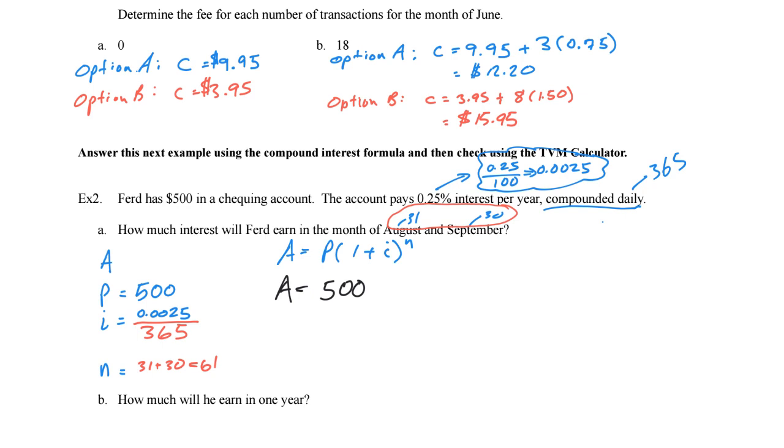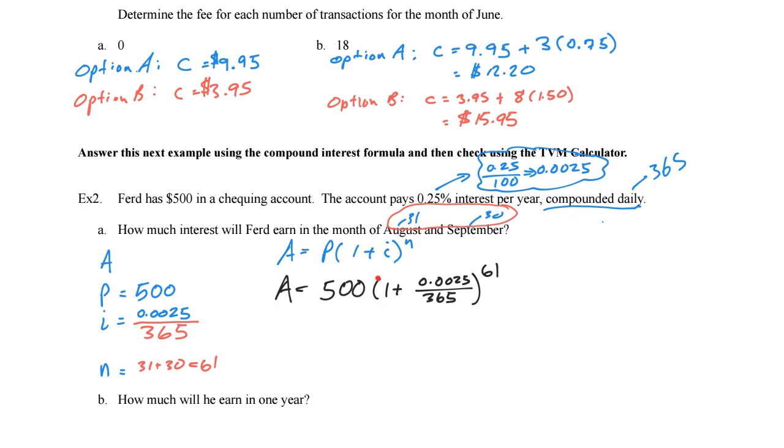So let's not do that. So we're going to write 1 plus 0.0025, all divided by 365, raised to the 61.